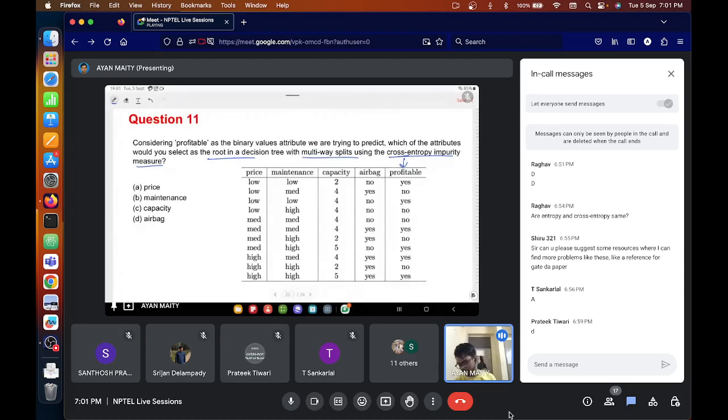So you have to basically compute the cross entropy with respect to each of these four input features: price, maintenance, capacity, airbag, and then you have to select the feature with the least cross entropy as the root of the decision tree.